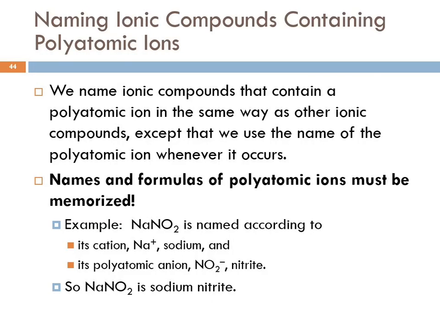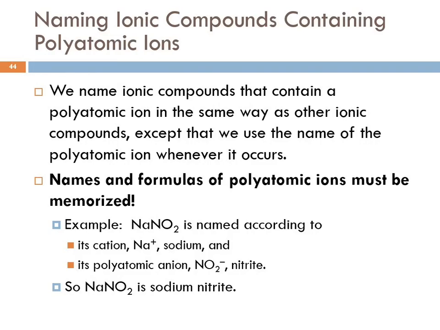What I want you to notice is in this class, ionic compounds are always 2 ions, a cation and an anion. We'll occasionally see a formula that has more than 2 cations or more than 2 anions, but I will not make you name those because that's beyond the scope of this class. They exist, but you don't have to learn how to name them. So everything that you are needing to name will have 2 ions, 1 cation, 1 anion.